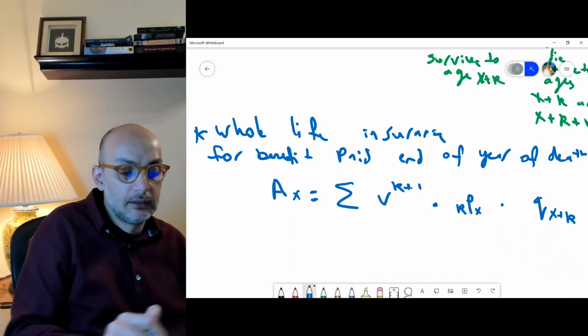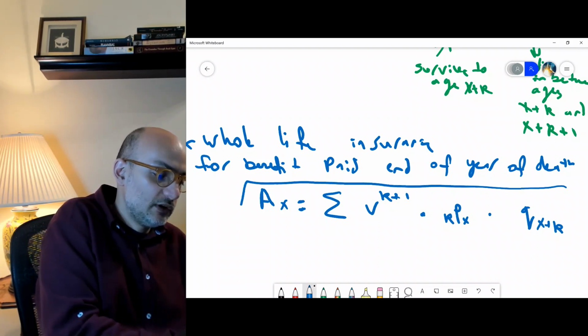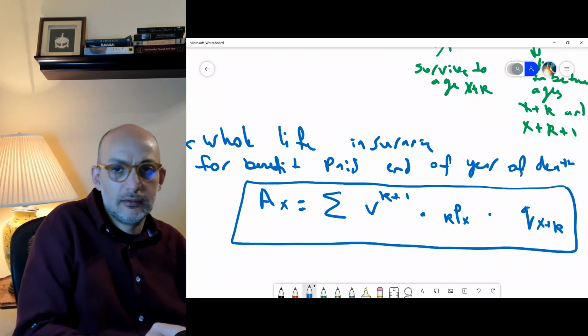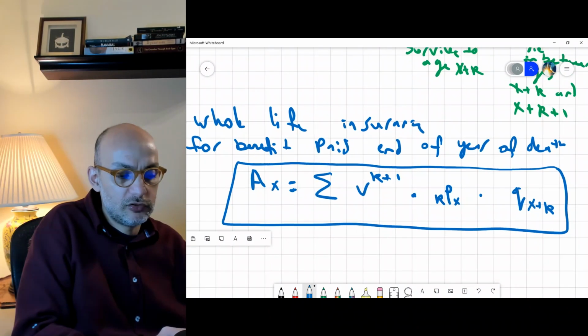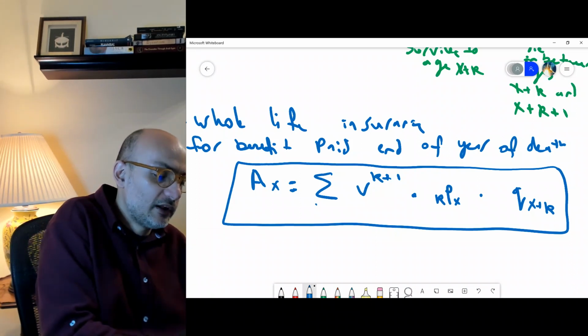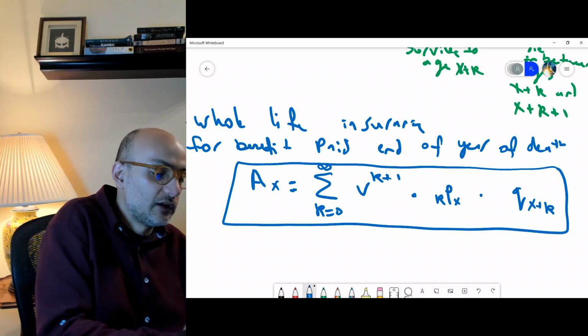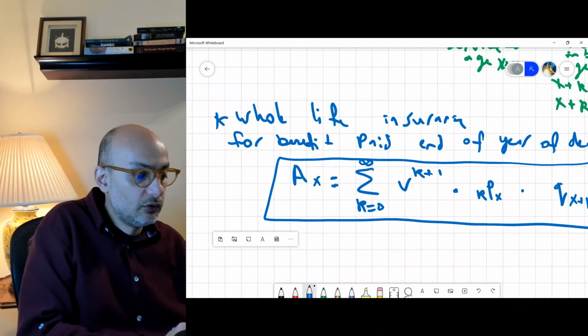This is very important. I usually don't memorize this one because I do the math quickly. We'll take a few examples, but it's good to know how we sum over all terms. Here we start from K equals 0, until infinity, until death. And this is the whole life insurance.